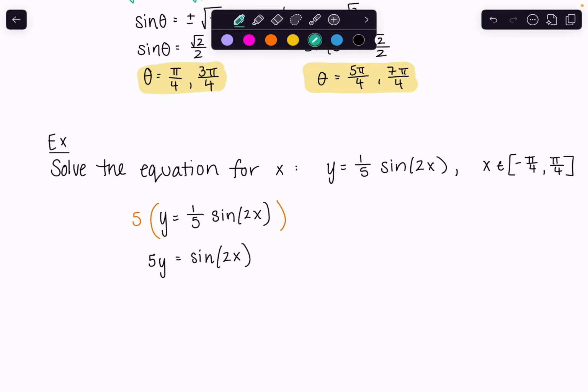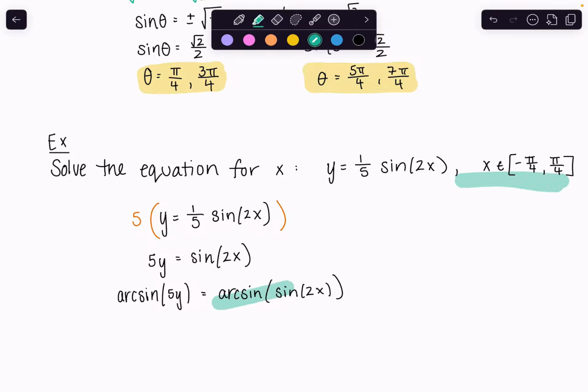I'm going to take arc sine of each side because if 5 equals 5, arc sine of 5 is arc sine of 5. It's the same thing. So really this gives me arc sine of 5y equals arc sine of sine of 2x. And because these two are inverse functions, they're going to cancel out.